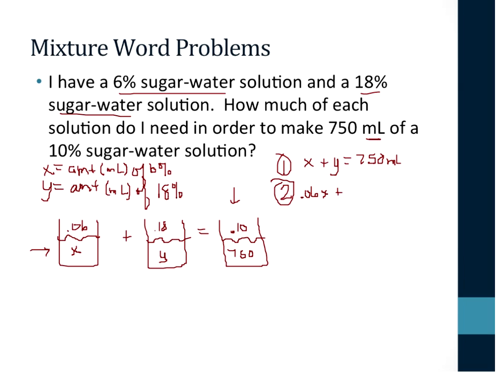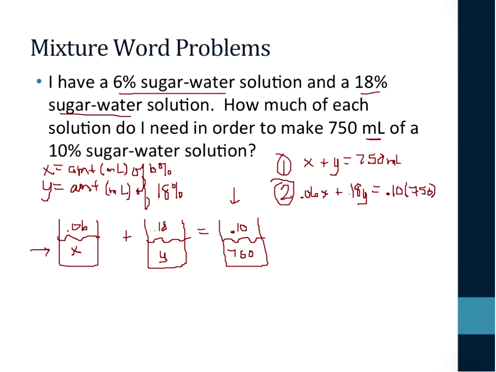Be very careful not to write 6% as 0.6, which looks like 60%. Then I'm going to be adding to that 18% of Y milliliters. That's the amount of sugar in the second bucket. And in total, I want 10% of that 750 milliliters to be sugar.